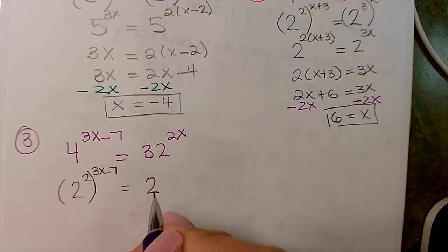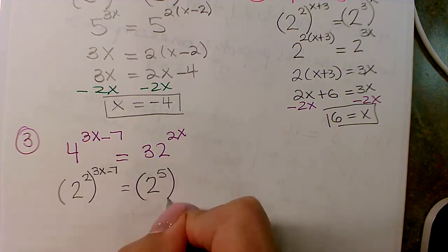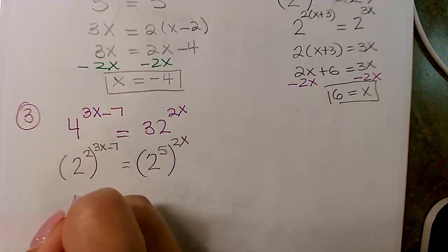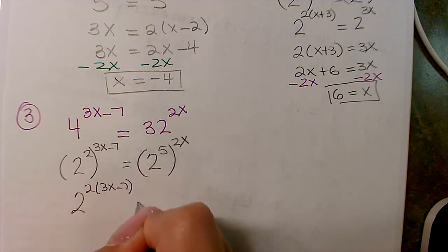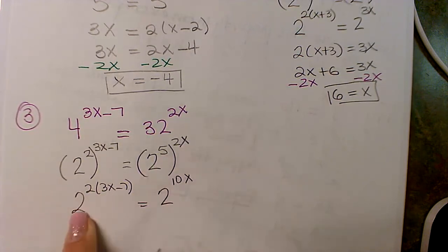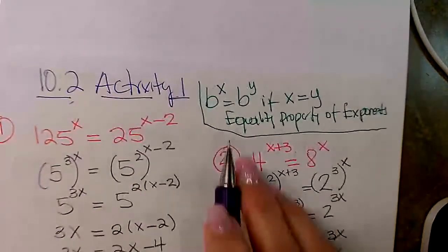And 2 to the fifth power would be 32. Apply the power rule, what do we get? Power to a power. This is 10x. Now we applied the rule that we're talking about.